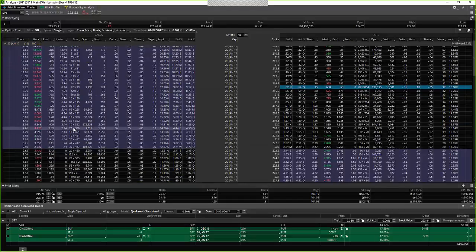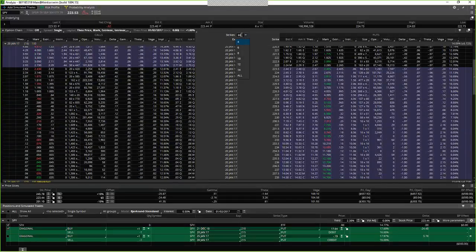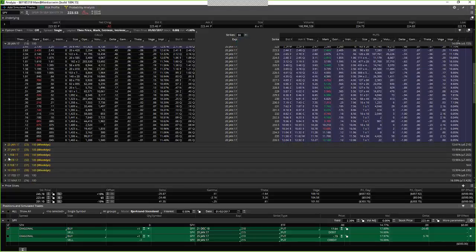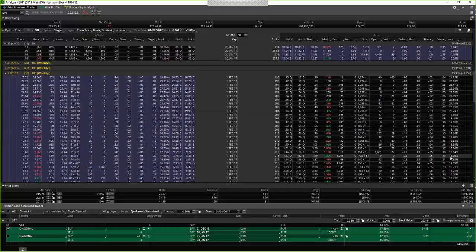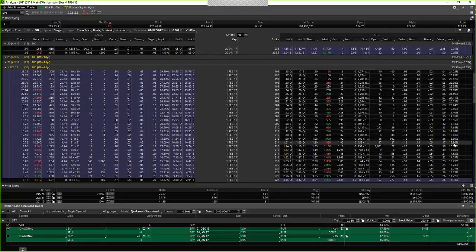If I go out to the 30-day, we have way too many strikes too at this point. So let me just go down to here. Let me go out to the 30-day and look at the same 215. Okay, we're at 17 cents. We're still, right, $1.18 versus 17 cents.